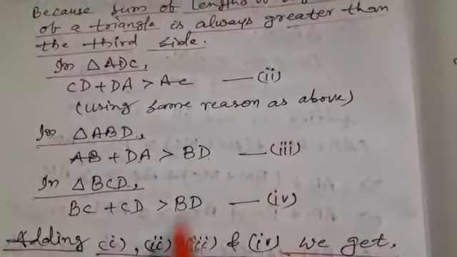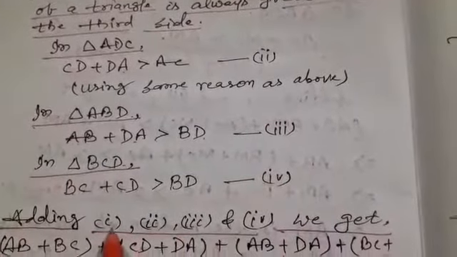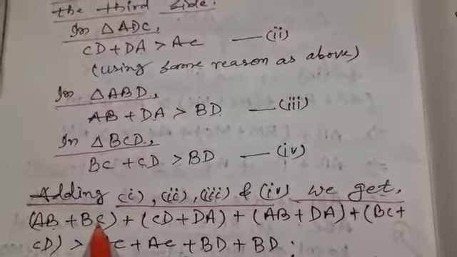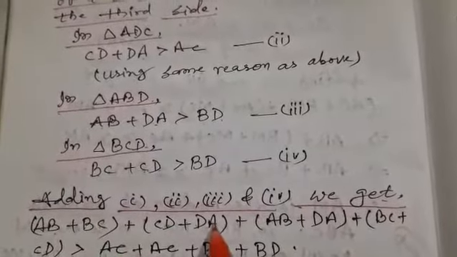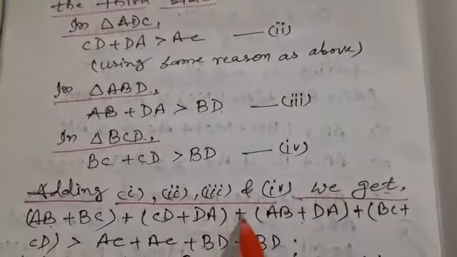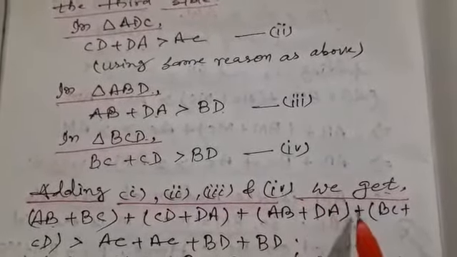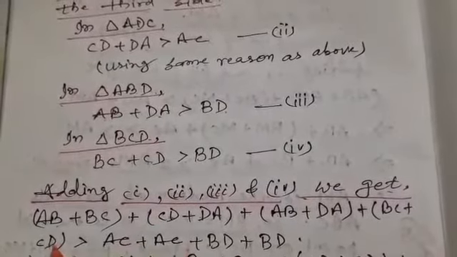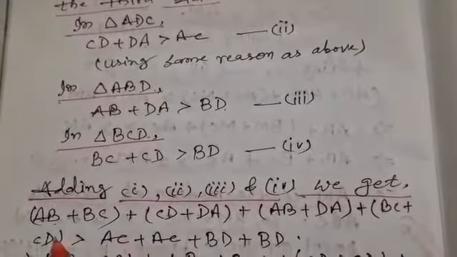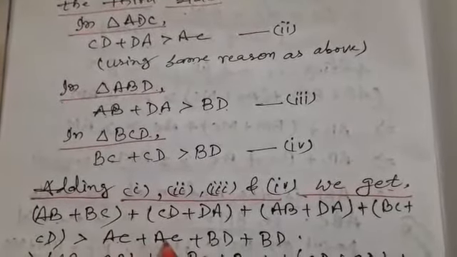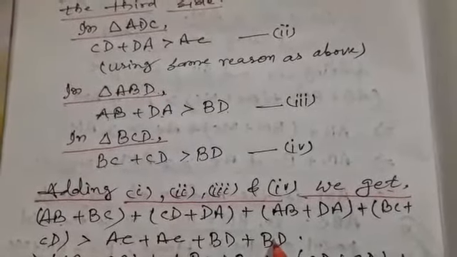Now adding these four equations, first, second, third and fourth, we get AB plus BC, it comes from equation first, plus CD plus DA from equation second, plus AB plus DA from equation third, plus BC plus CD from equation fourth, is greater than AC plus AC plus BD plus BD.